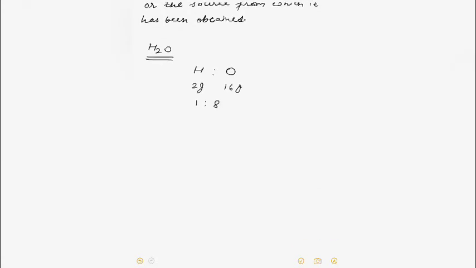If we take CO2, here carbon and oxygen, 12 gram of carbon reacts with 32 gram of oxygen to form a carbon dioxide molecule. So their simplest ratio will be 3:8. The preparation method of CO2 may be different, but their composition always remains constant.